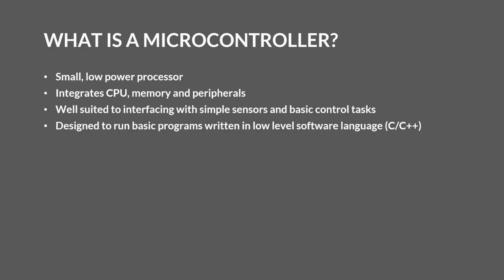But that being said, these days there are microcontrollers that can get a lot more advanced than just this, and they are suited to much more complex tasks than just controlling things like sensors and motors. NXP, for instance, have a microcontroller coming out fairly soon, which can operate at over 1 gigahertz.